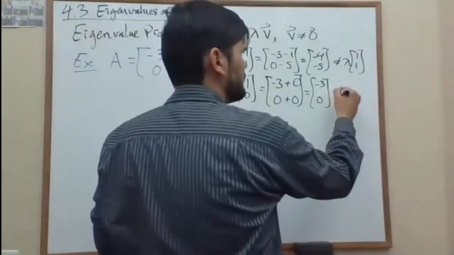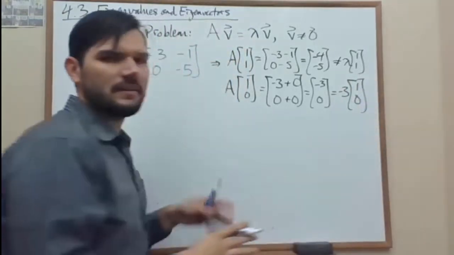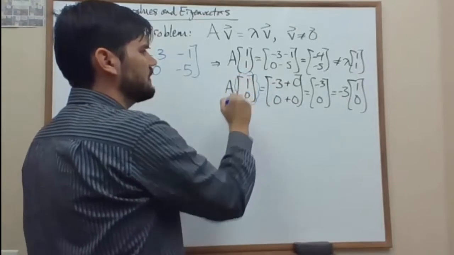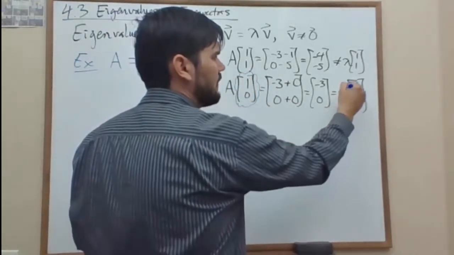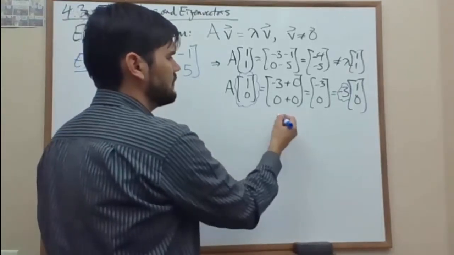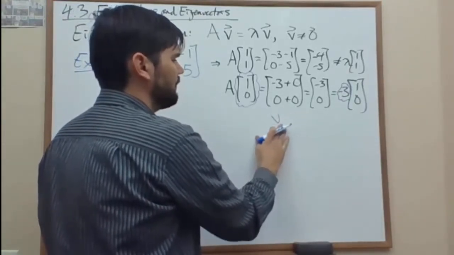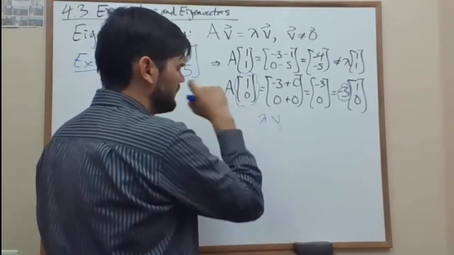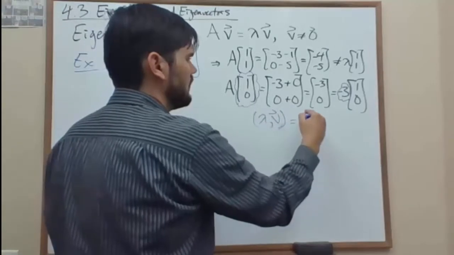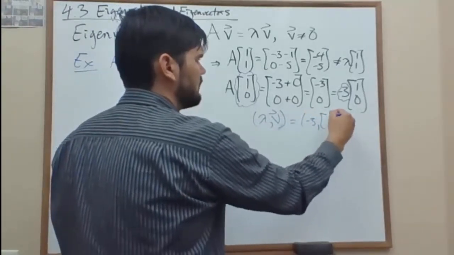Yes. So now I know that 1, 0 is an eigenvector, and it's associated with lambda equals -3. So we have the eigenvalue-eigenvector pair of -3 and 1, 0.